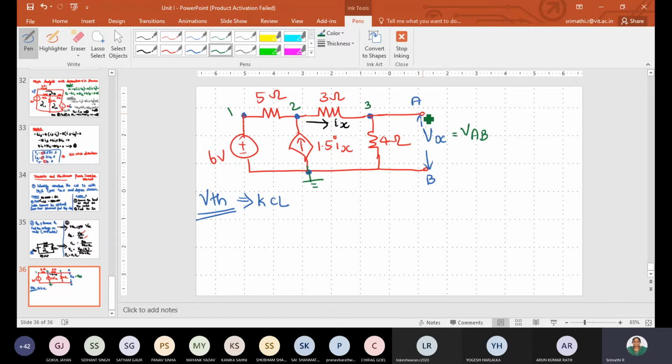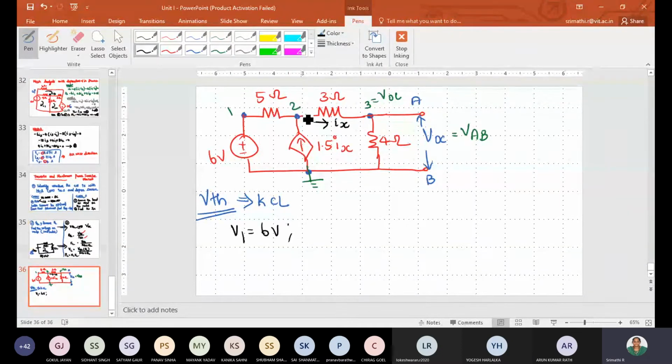And what is V1? V1 is 6. Yes. Then write the equation for V2 at node 2.